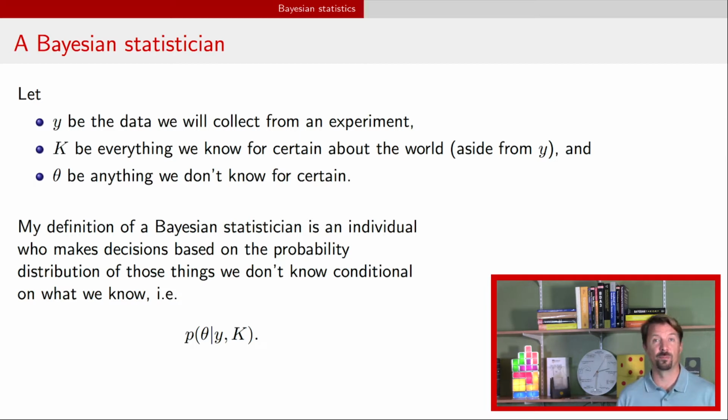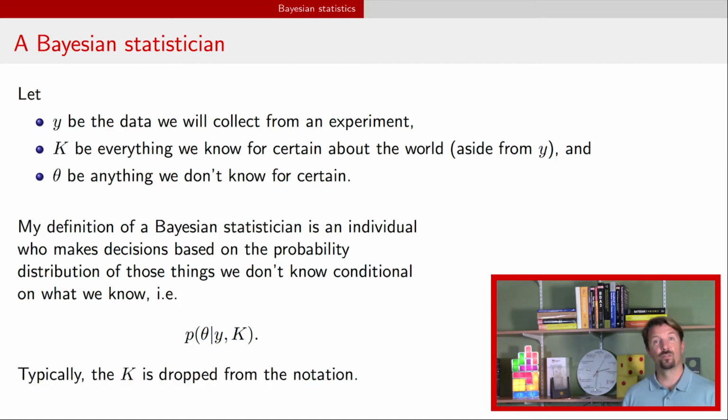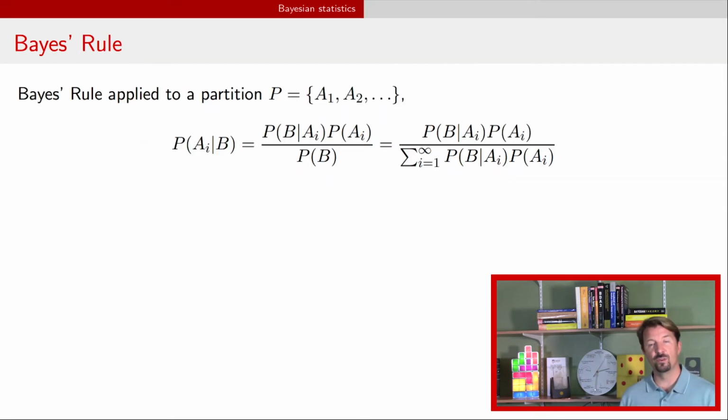Alright, so let's see how we can put this into practice. I should remind you that K is typically dropped from the notation. So if you read the literature, they will typically not have this K put in there, but really it's there implicitly.